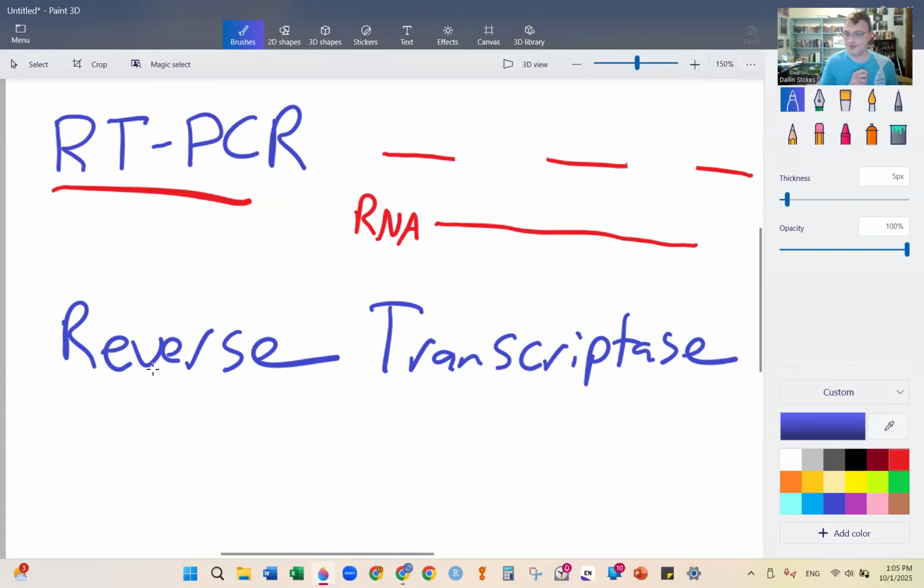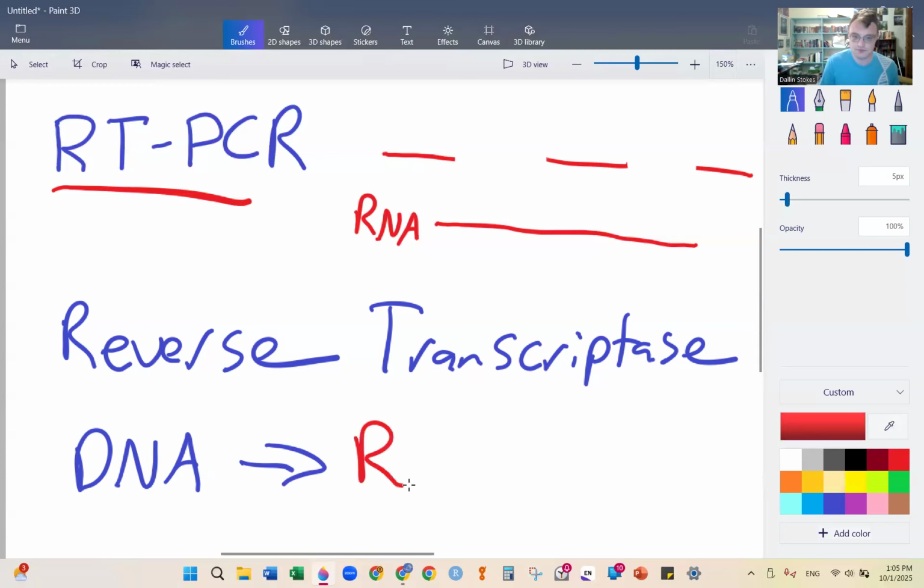We borrowed it from them because it's very useful. Normally, the cell only has the ability to read DNA and turn it into RNA. It doesn't have the ability to go from RNA to DNA. It can't do that.